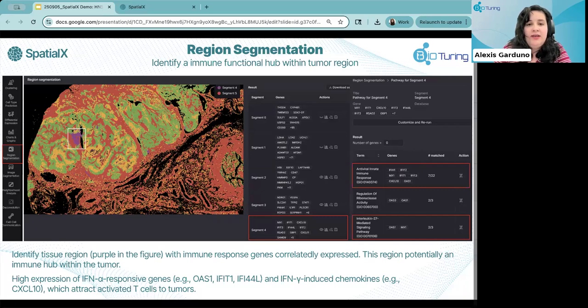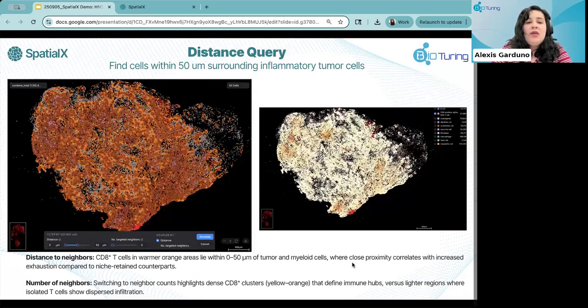Okay. Now, the next feature is more related to how we can calculate and find cells within a specific distance, and whether we can see that within a specific surrounding of inflammatory tumor cells.